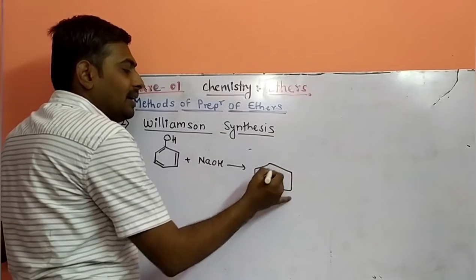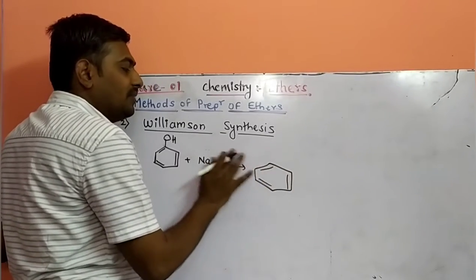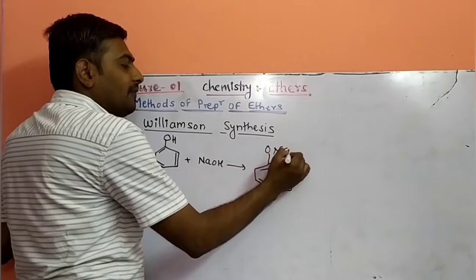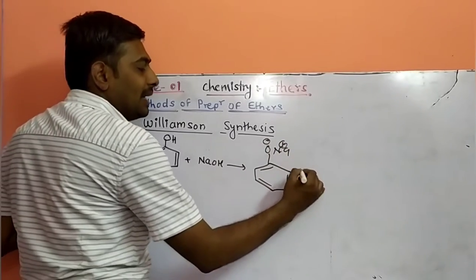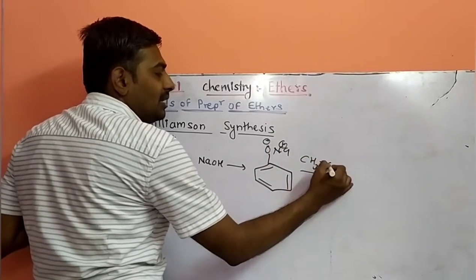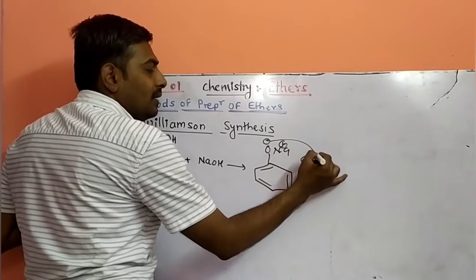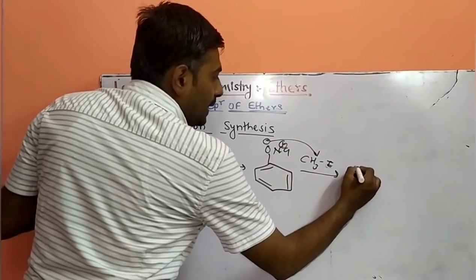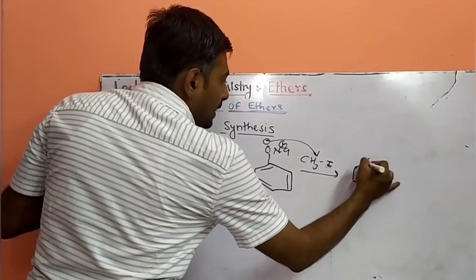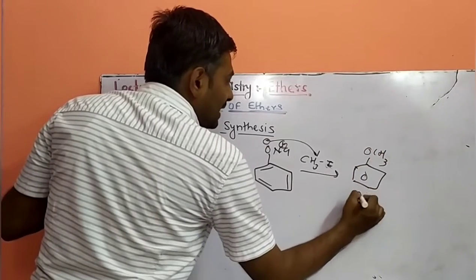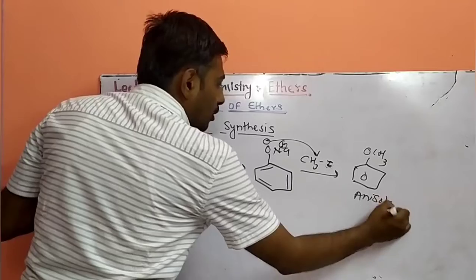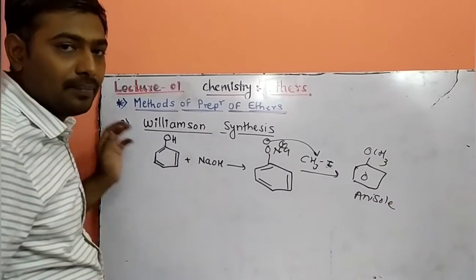Sodium phenoxide, which you already studied in the previous phenol topic. You will get the phenoxide ion. That phenoxide ion can attach on methyl chloride, methyl bromide or methyl iodide. You can take any one example. So what will we get? Benzene containing an OCH3 group, that is anisole, obtained as a product in this reaction.